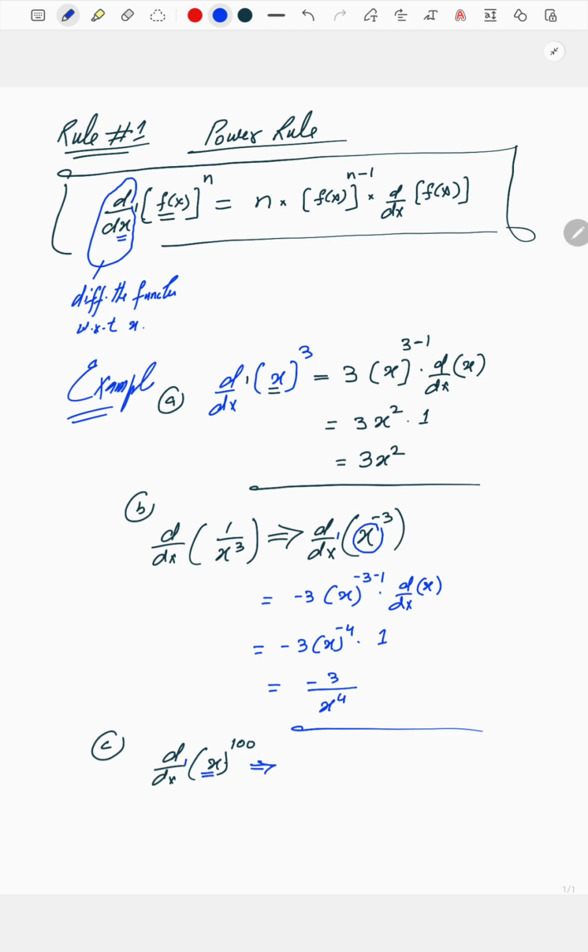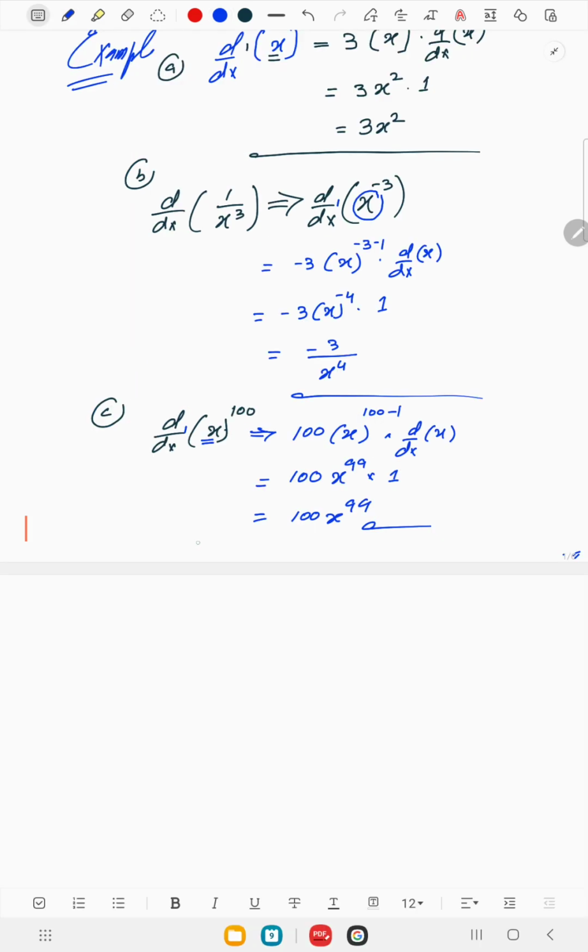As described in the rule, first 100 times 1 will be 100. We write the function whose power we have, x, and make one less from the power. The third step says differentiate the function. So we'll get 100x raised to power 99 times dx by dx, which is 1 always. So our answer is 100x raised to power 99.